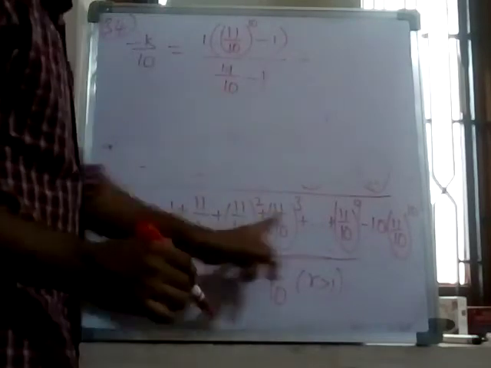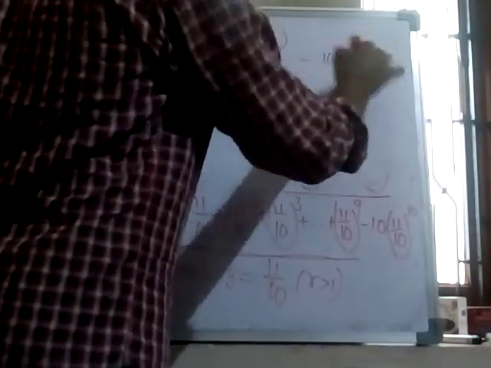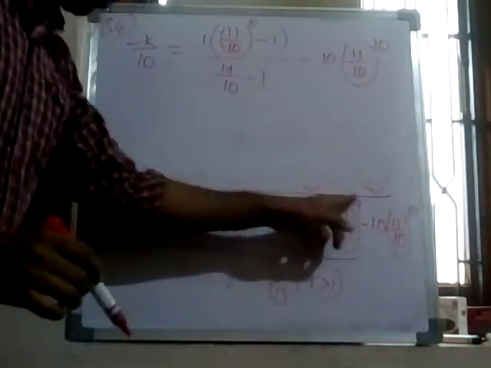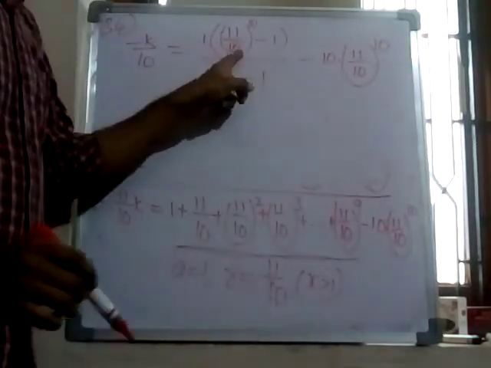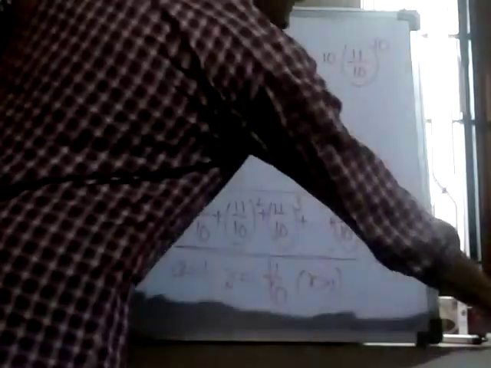Minus, this is from here to here, minus 10 into (11 by 10) whole to the power of 10. So here apply only the sum of 10 terms in GP, this one, minus 10 into (11 by 10) whole to the power of 10.